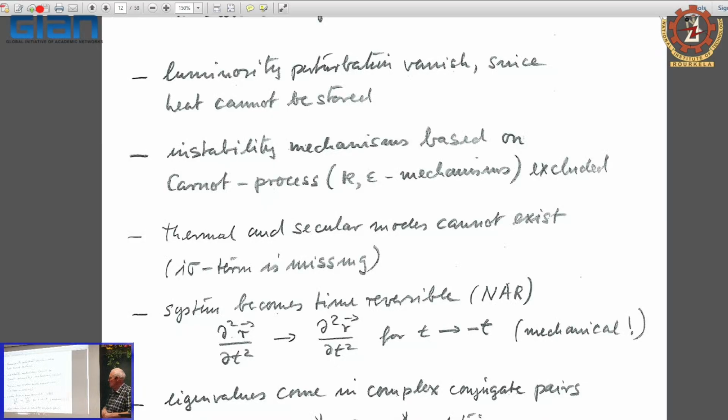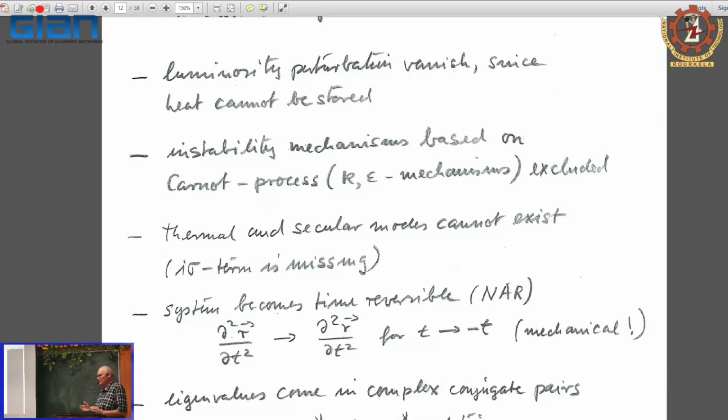If we exchange t to minus t, then the acceleration will remain the same, and the only term which appears in the perturbation equation, which involves a time derivative, is the acceleration. So if this term is invariant with a transformation from t to minus t, or the reversal of the time direction.